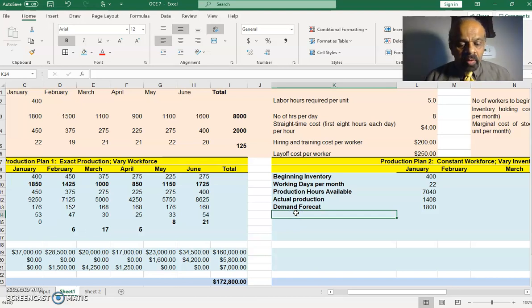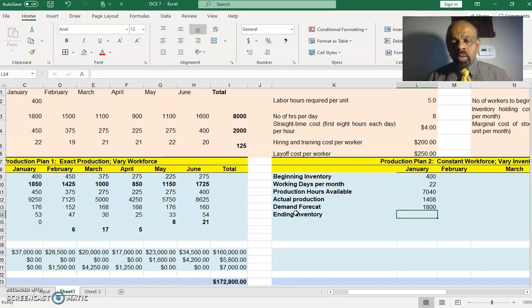And I'm going to calculate my ending inventory. If I have beginning inventory for every month given to me, then I don't need to calculate. But here it is given only for January. So I need to calculate for February.